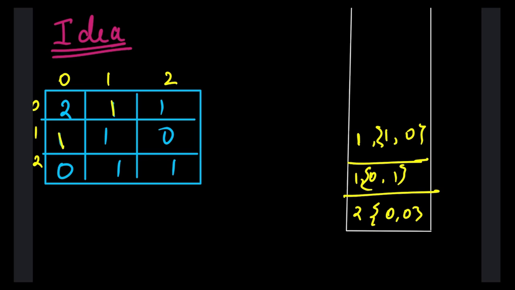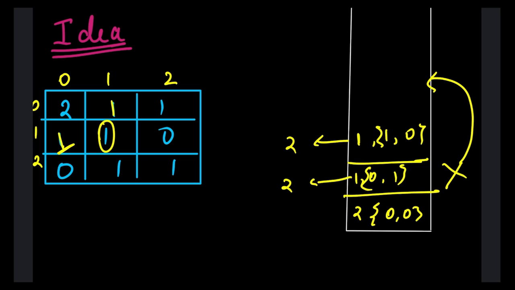We push its neighbor to the queue and make them rotten also. Both will be converted to 2. Then we pop this one out, push its neighbor and make them rotten. What are the neighbors? 1 comma 1 for this one, right?